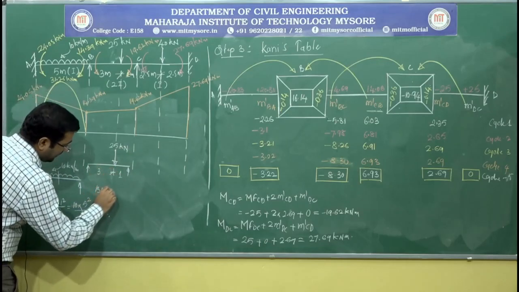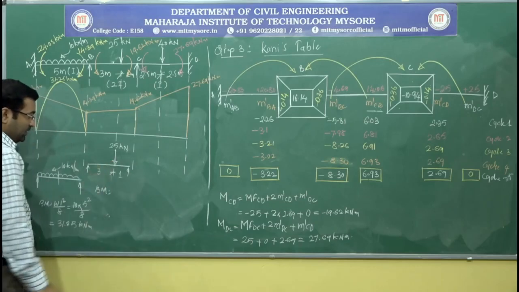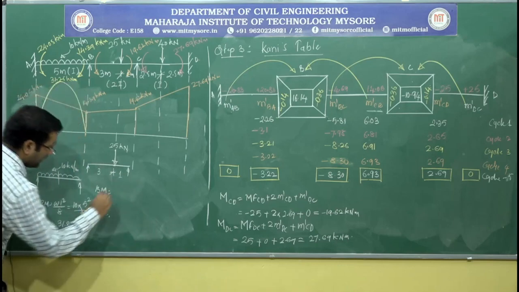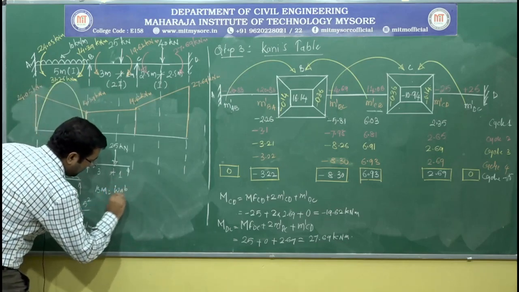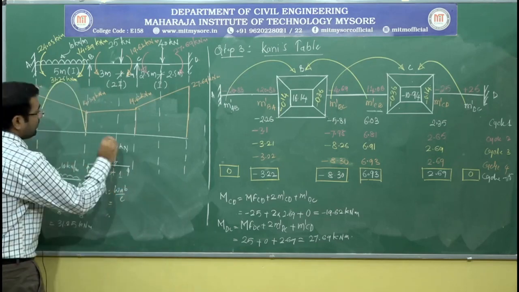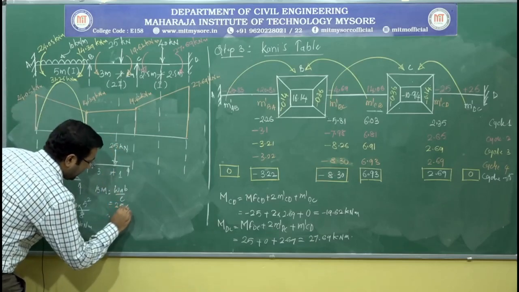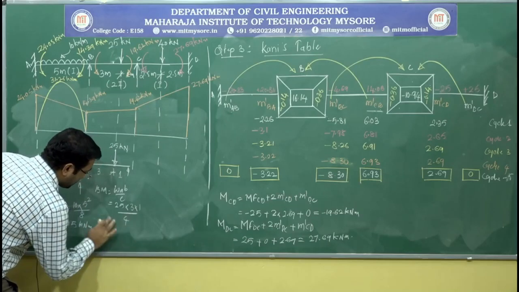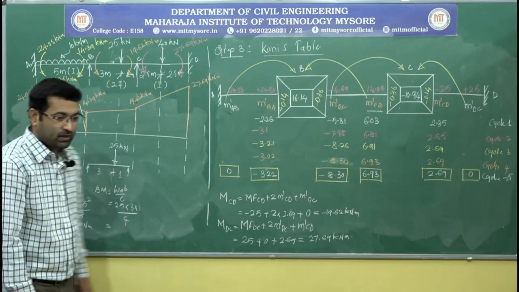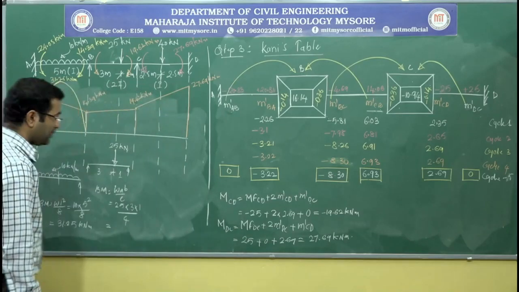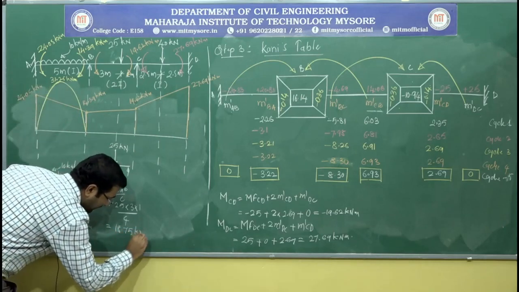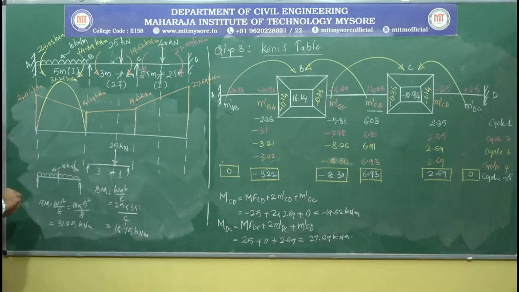Here the maximum bending moment will occur under the point load, and it is estimated using WAB by L. So W is 25, A is 3, B is 1 divided by 4, that fetches you a maximum value of 18.75 kilonewton meter.